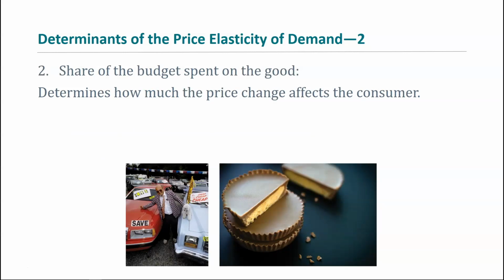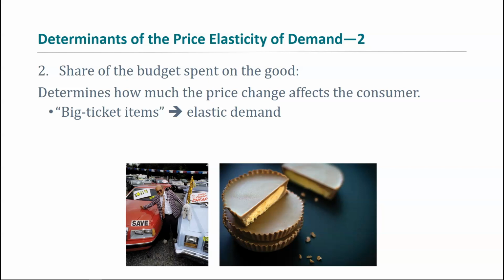Another thing that affects price elasticity of demand is the share of your budget that you're spending on the good. This determines how much the price change affects the consumer. Remember, we're talking about percentage changes. If you've got a big ticket item, like a car, and you find out that there is a 20% sale on all cars at a particular dealership this weekend, if you even remotely were thinking about buying a new car in the next few months, you're going to go do it this weekend.